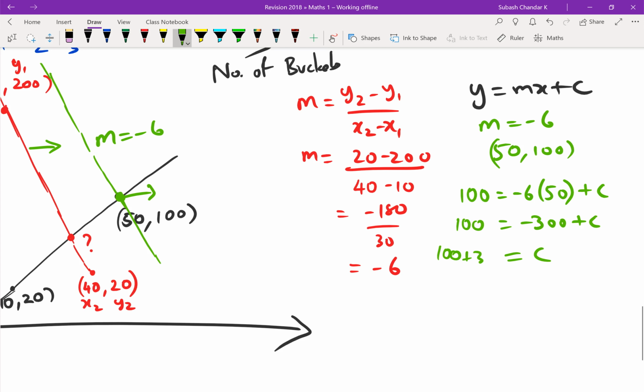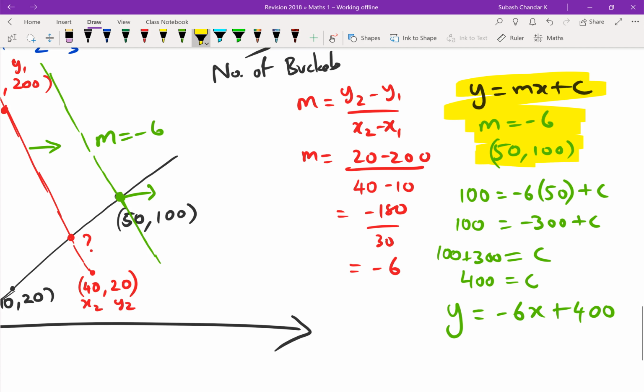And c is 100 plus 300, which is 400. So the green line's equation is y equals minus 6x plus 400. Is that okay? Yeah, that's literally how you do that, folks. Just use this little trick here. Find the gradient, 1 point, then you can just write y equals mx plus c and substitute it.